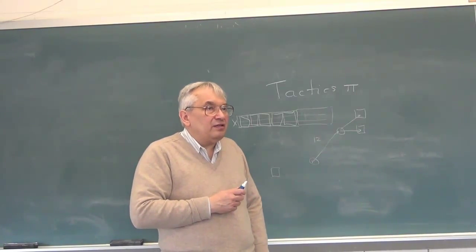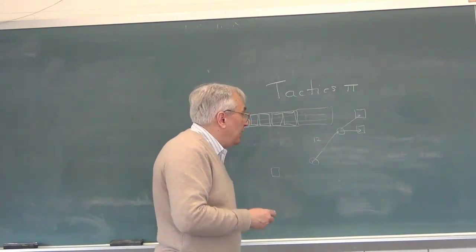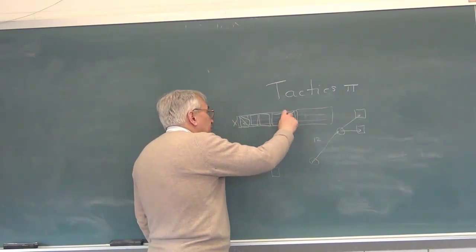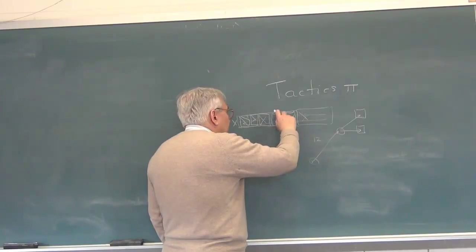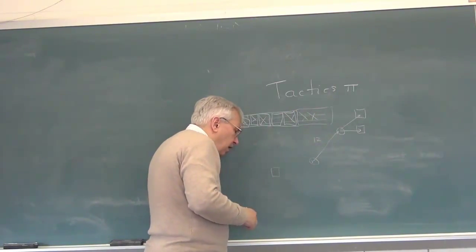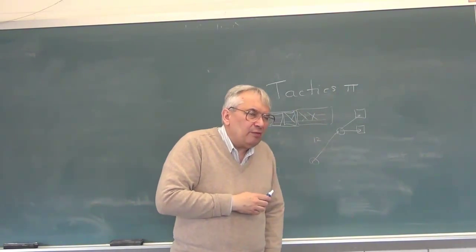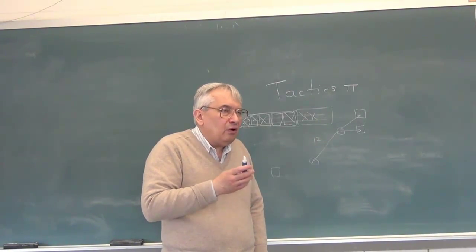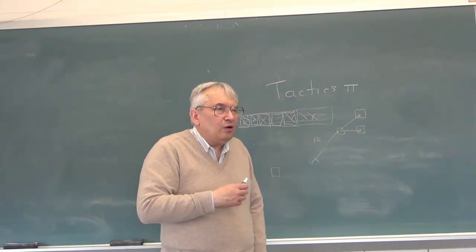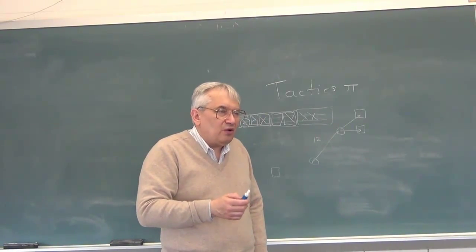And the command is fire by platoons, and therefore, for example, these 2 units fire, and then these 2 units fire, and then these 2 units fire. You don't have everyone fire all exactly the same time, because you always want to be in a position where there is a group of men who have loaded weapons.